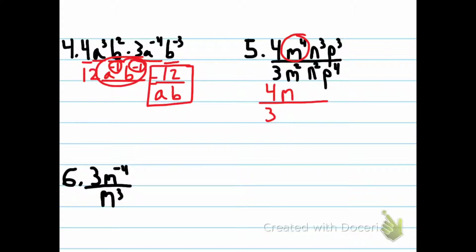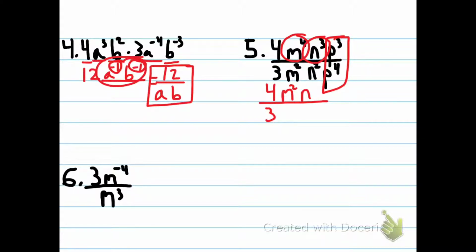So it's m to the second. And then, since this side has more 3's, we're left with n. And then on this right here, it's p to the negative 1.